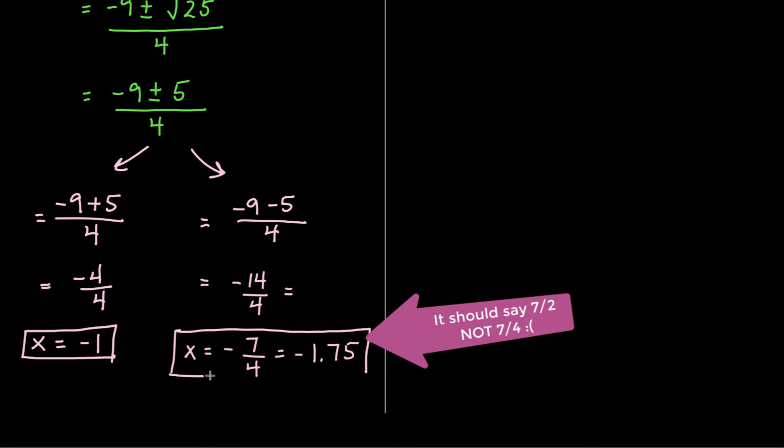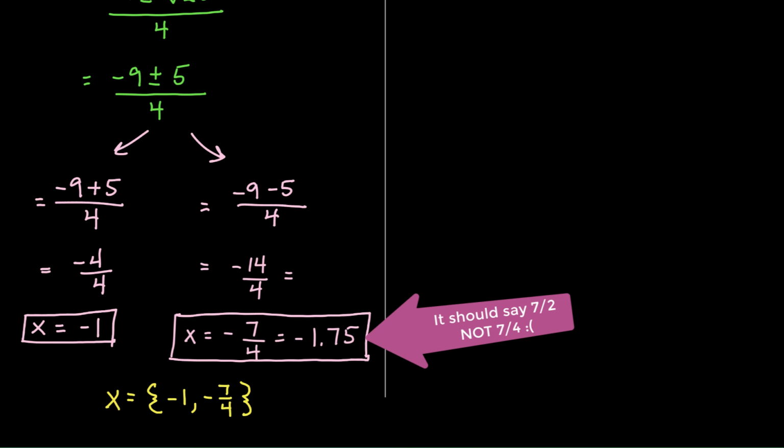It's kind of a lengthy process, but once you get it, I don't think it's too difficult. So lastly, let's put our answer in a more traditional form: x equals negative 1 and, in fraction form, negative 7 over 4. I don't want you to forget what this actually means.